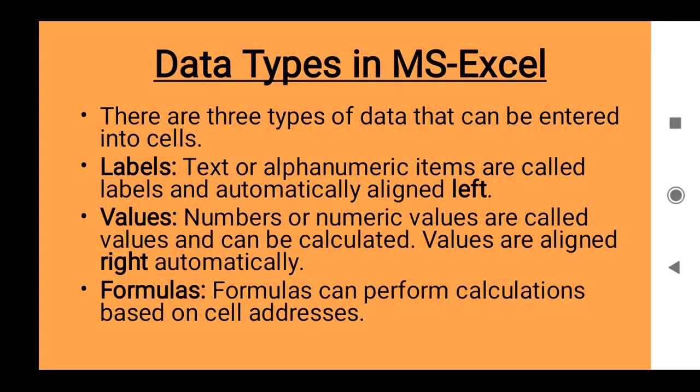Second one is values. Numbers or numeric values are called values and can be calculated. Values are aligned right automatically. The next and last one is formulas. Formulas can perform calculations based on cell addresses, and these are also aligned right.